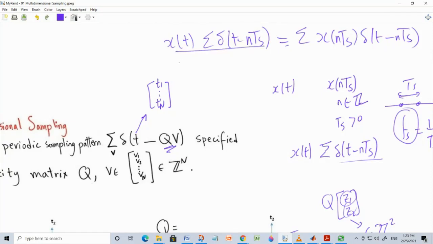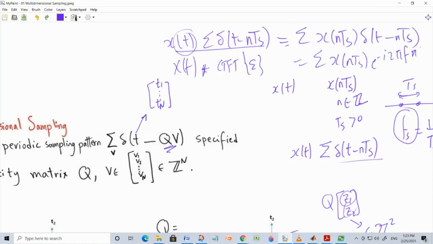And so the Fourier transform of this thing will be the Fourier transform of x of t convolved with the Fourier transform of the train of Dirac deltas. And this will be equal to, taking the Fourier transform here, assuming that you can take it term by term, e to the minus j 2 pi f n Ts. Okay, and so this is by definition the DTFT of the discrete time signal x of nTs.